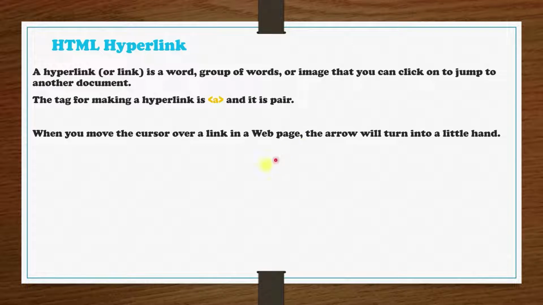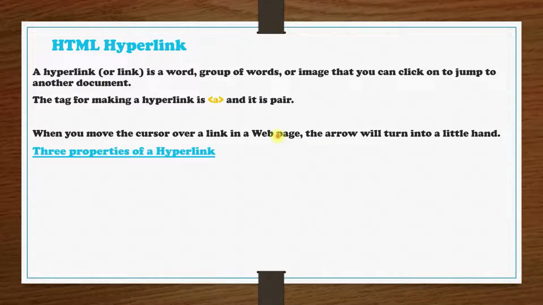Look, I will show you that before we click on a link, the cursor is like an arrow. But when we move our cursor over a link, at that time the arrow is changed to a little hand.